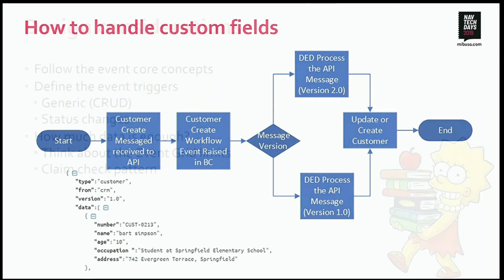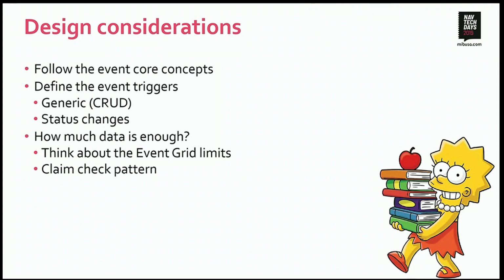So, about the design considerations. Follow the event core concepts. When you're looking at one event, you need to be able to understand what that event is about. If you can see, okay, this is a customer update and it contains all the information I have, that's fine. But if you have to look at another event to complete a message to understand it, then you are moving out of the logic of Event Grid.